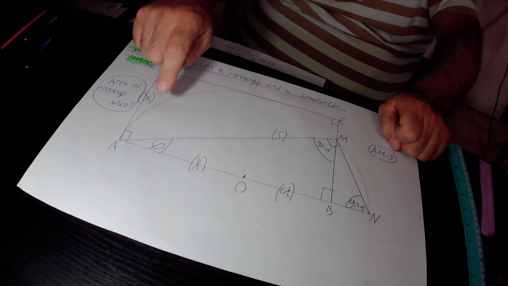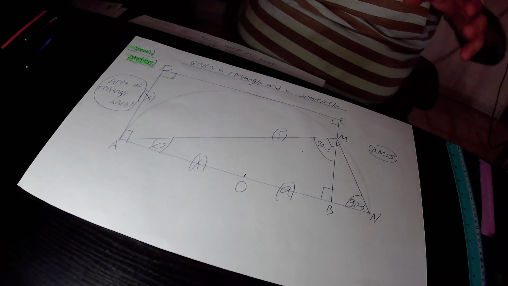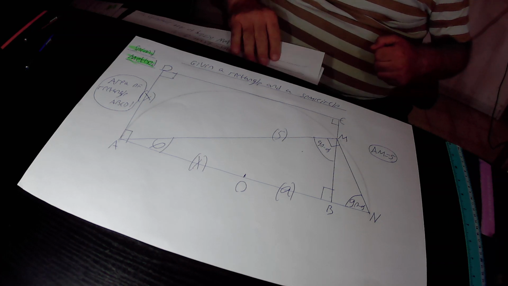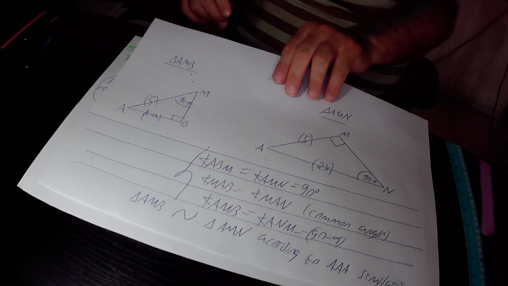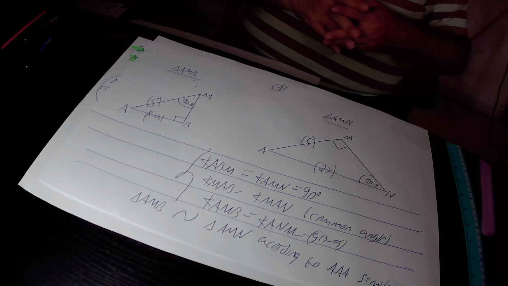In the next step, I copied the right triangle AMN and the right triangle AB in a new page, and we proved that those two right triangles are similar to each other according to the angle similarity rule. So those are the two right triangles coming from the original drawing.